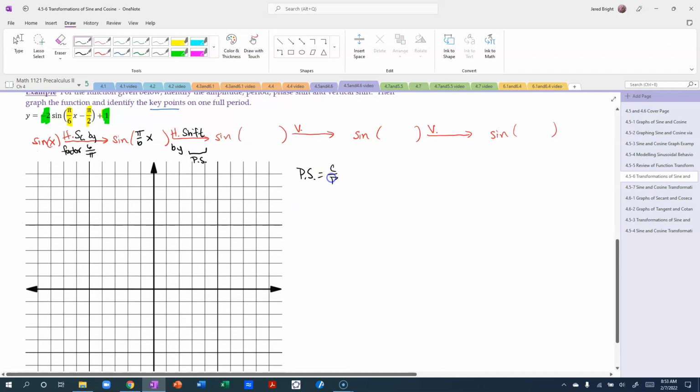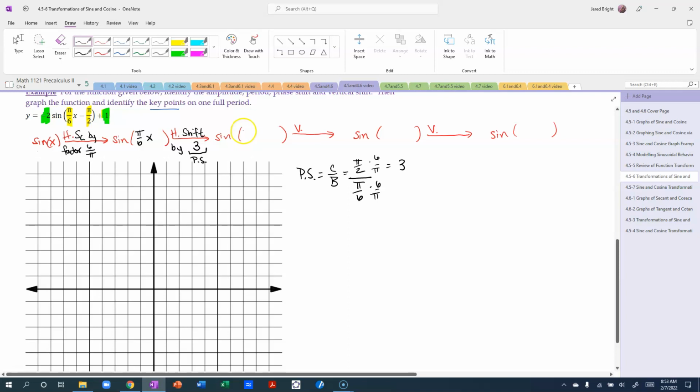Remember, it's calculated by c over b. So I would take pi over 2, and it is negative in front, so I don't need to include a negative, and divide that by pi over 6. Then multiply by the reciprocal, and I just get 3.